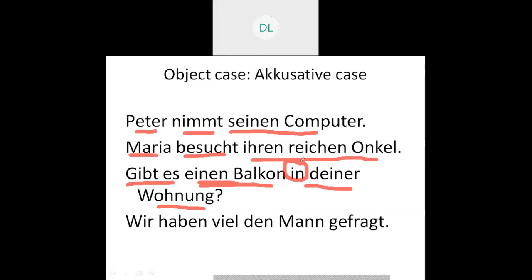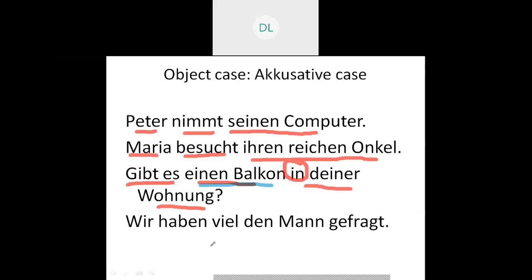When I have a preposition in the sentence, never ever does that come into subject and object. So in the sentence, es is your subject, and einen Balkon is your object.